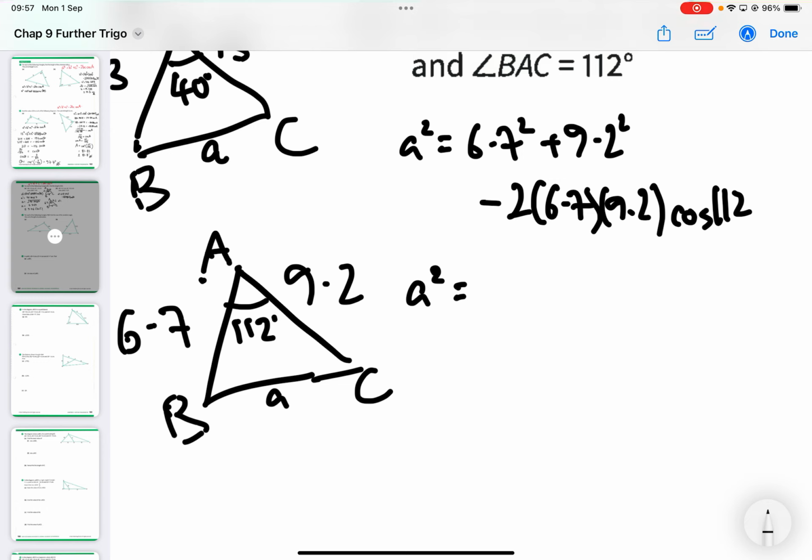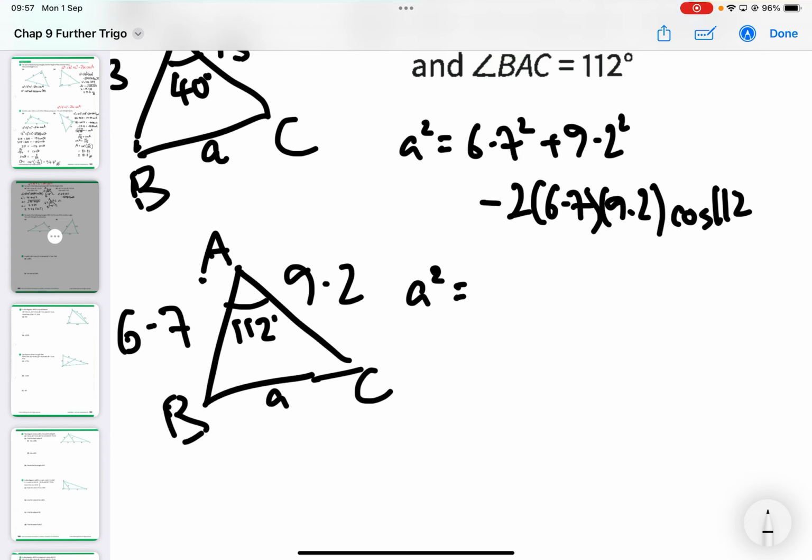Okay, those who are done, listen. Do you all still remember your cosine 112 is an obtuse angle? 112 is an obtuse angle, so your cosine will be a negative number. When we key into the calculator, we don't need to care. But in the actual case, this whole thing will become a plus.